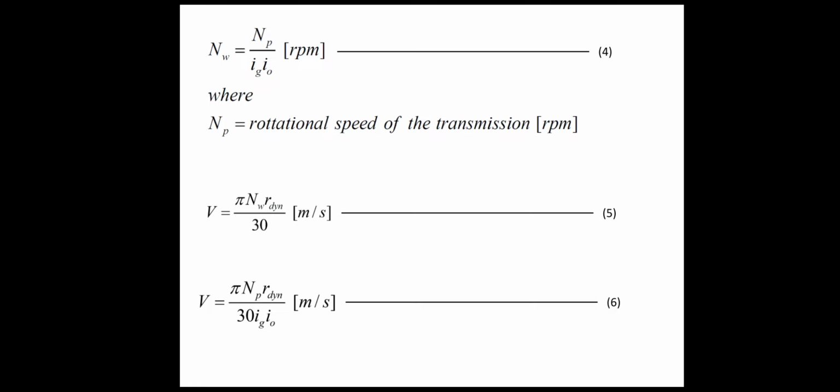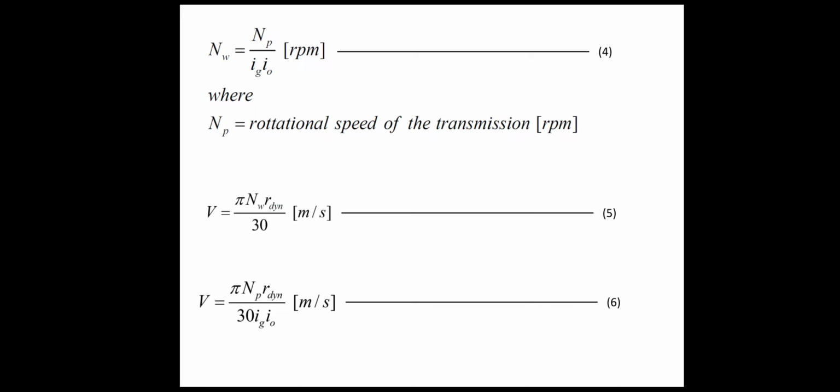The rotational speed Np of the transmission is equal to the engine speed in a vehicle with a manual transmission, and the turbine speed of the torque converter in a vehicle with an automatic transmission. In the manual transmission, the engine speed is directly given, and using the clutch we can engage and disengage it, but in the automatic transmission there is the turbine speed, and in between there is a torque converter.